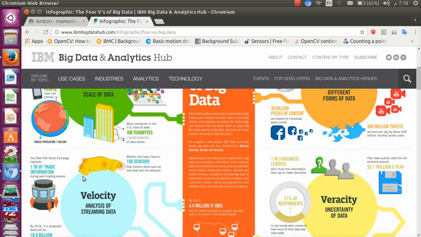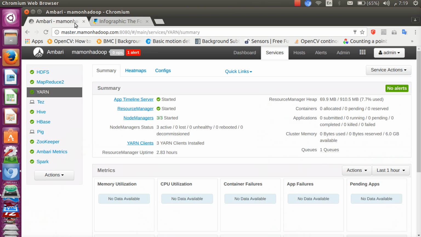We can store as many files as we need, and we can process as we need. There is another thing you need to keep in mind. Hadoop itself is a batch processing system. Batch processing means you have to process data in batches. So you choose a certain amount of time to run a task, then get the result and save it.